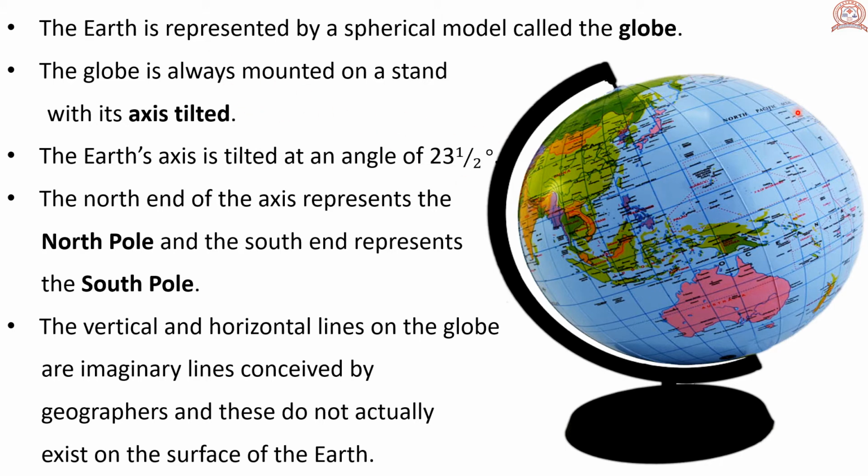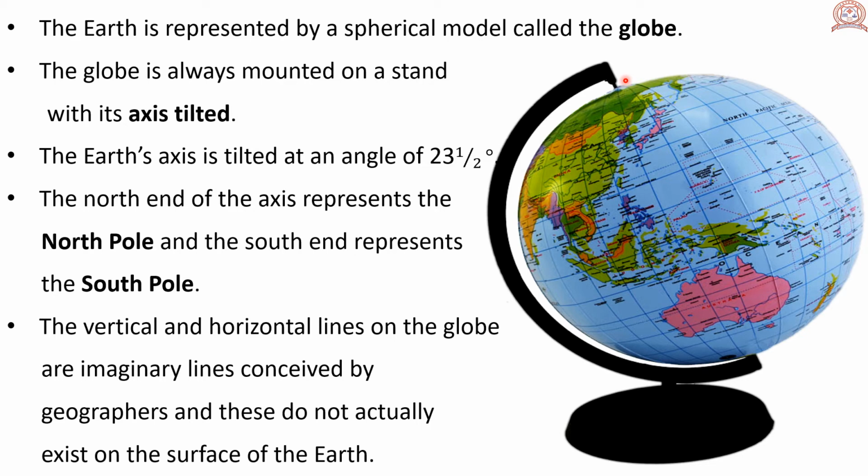This is a globe. You know that. What is a globe? The earth is represented by a spherical model called a globe. The globe is always mounted on a stand. This is the stand of the globe with its axis. What is axis? Axis is an imaginary line running through the earth on which the earth rotates.